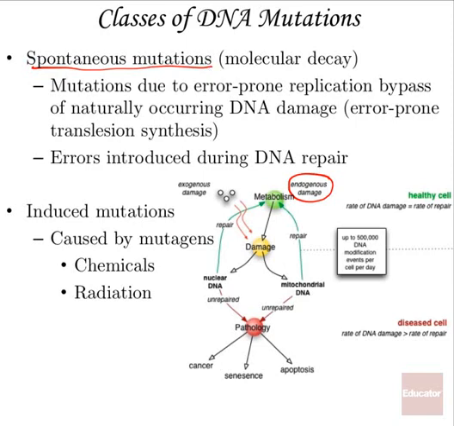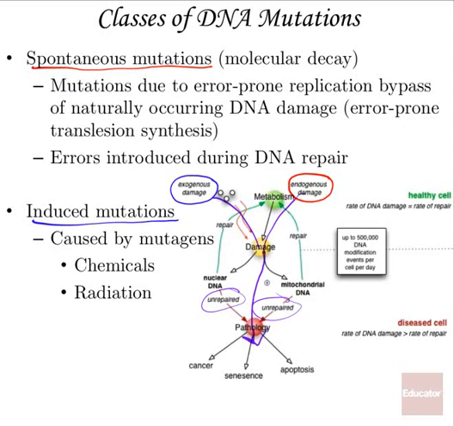Now, we also have induced mutations. Okay, and these are going to be exogenous damage. So this is going to be DNA damage caused by mutagens, whether that be chemicals or radiation. All right. And what we're eventually going to end up with, no matter which one we're looking at, is if we have damage and we don't have proper repair, we're going to end up with some sort of pathology, so some sort of possible disease symptoms.